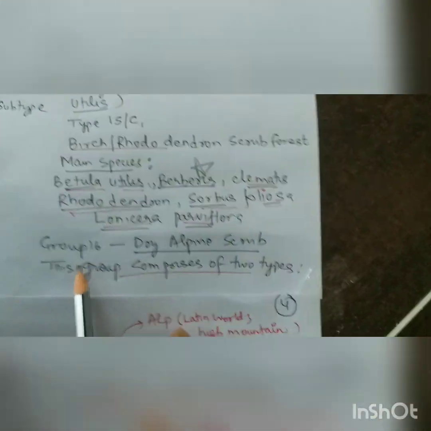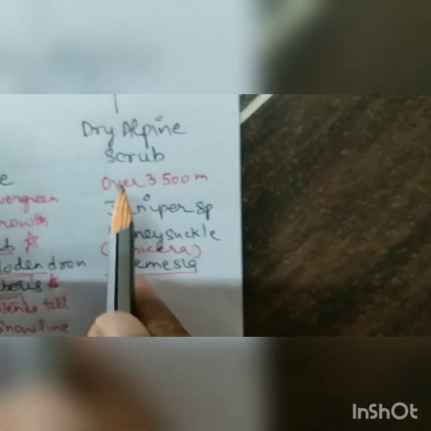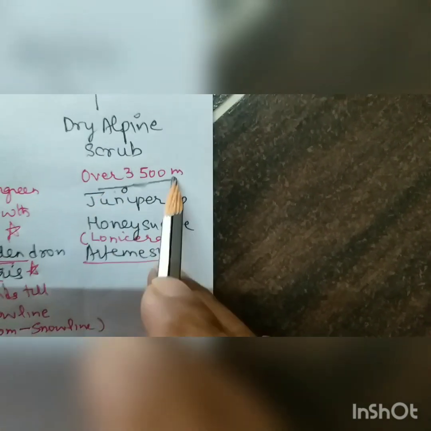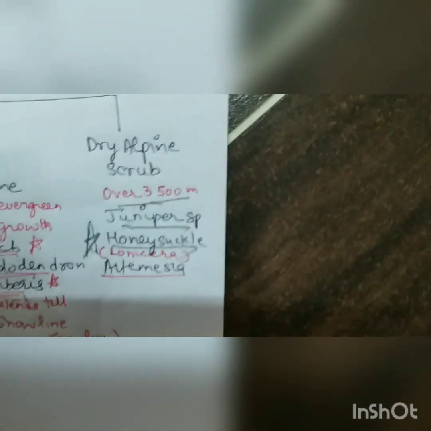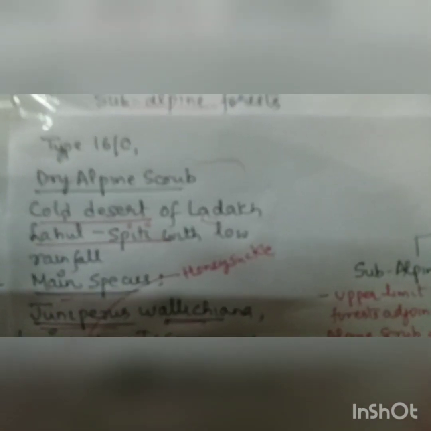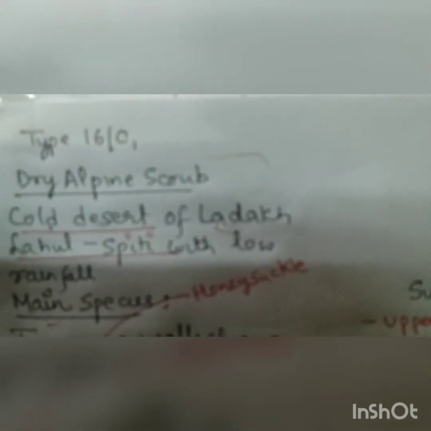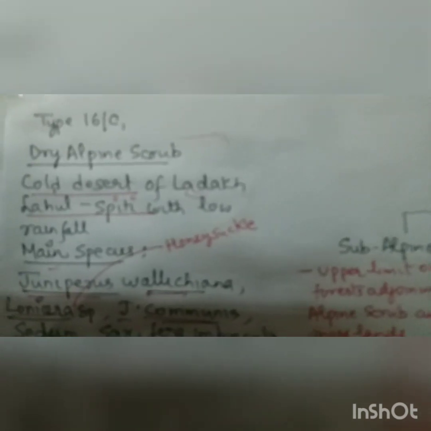Then we are coming to the group 16, that is dry alpine scrub, over 3500. It has Juniperus, honeysuckle and Artemisia, and they are very important. The group comprises two types, and the first is type 16C, that is dry alpine scrub, and in the cold deserts of Ladakh, Lahaul Spiti with low rainfall it is present.